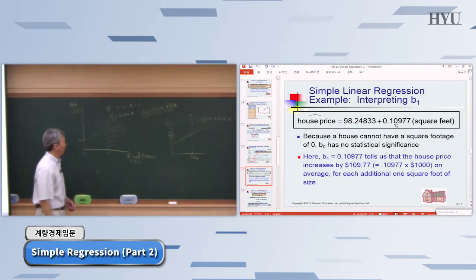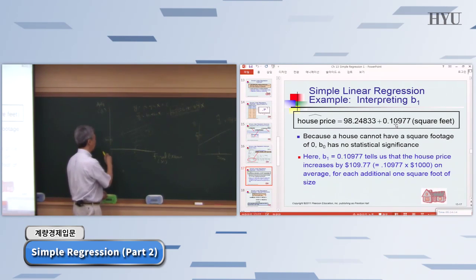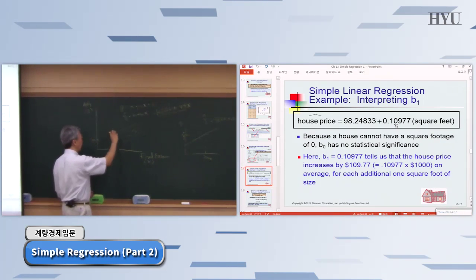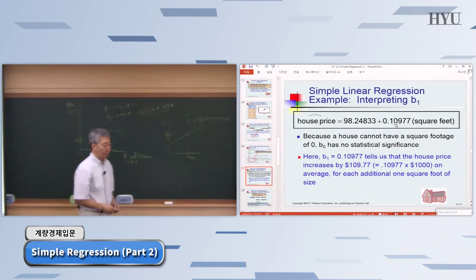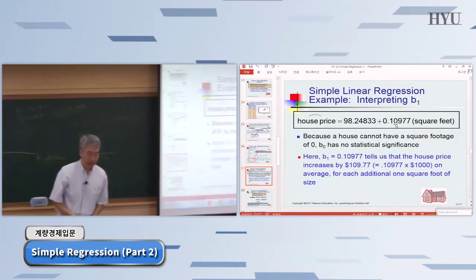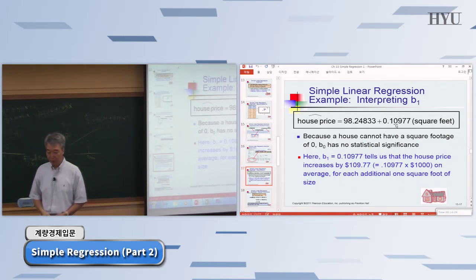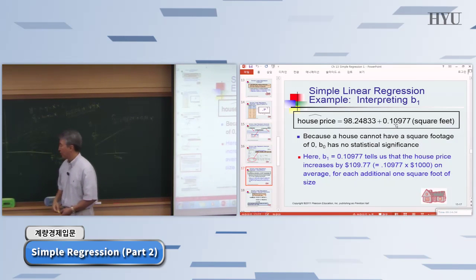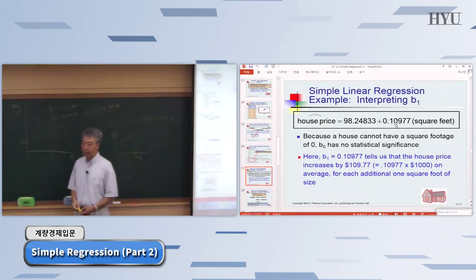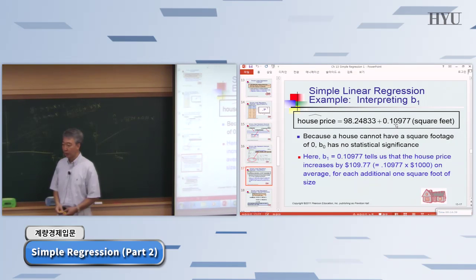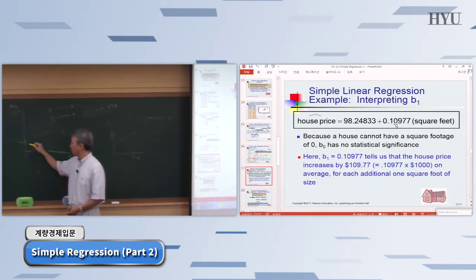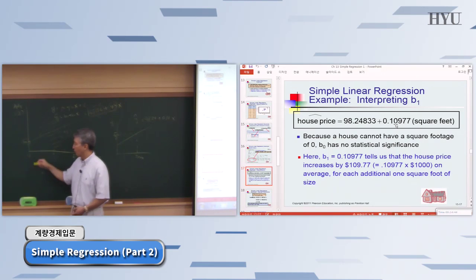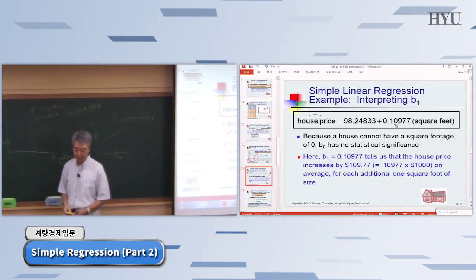So we need the intercept to determine the height of the regression line. Once you have the slope and intercept, you have determined one single particular regression line, and then you can make a prediction. However, don't try to interpret the meaning of the intercept. It has no meaning. The only function of the intercept is determining the height of the regression line.